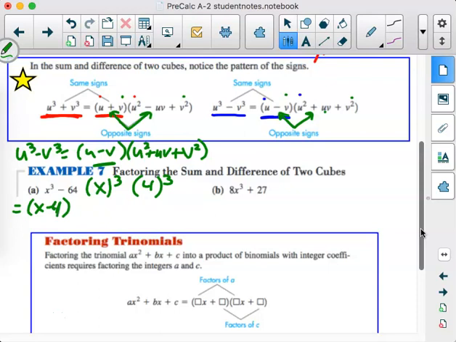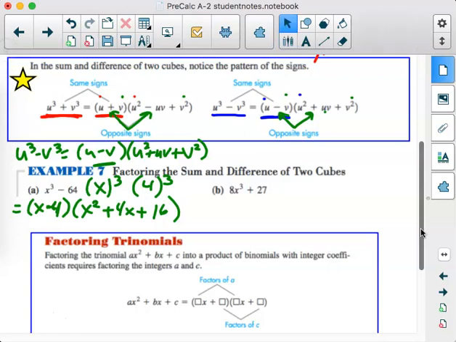So this will be the quantity x minus 4 times the quantity x squared plus 4x plus 16. Now the question is, are we done at this point? And we would want to know, should we keep trying to factor x squared plus 4x plus 16? Most of the time, when you have this either sum of two cubes or difference of two cubes, you're done.